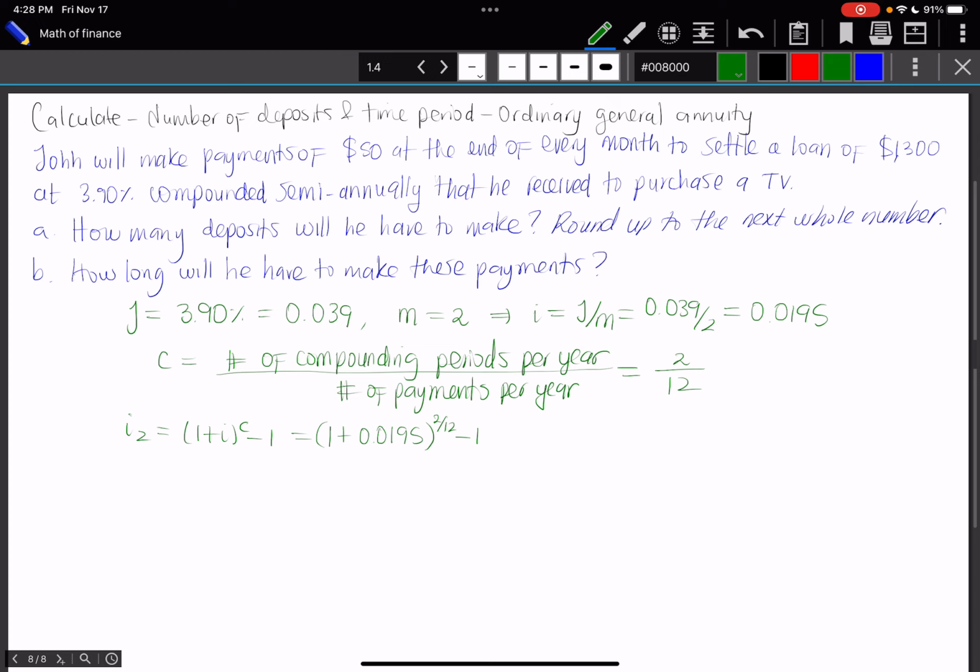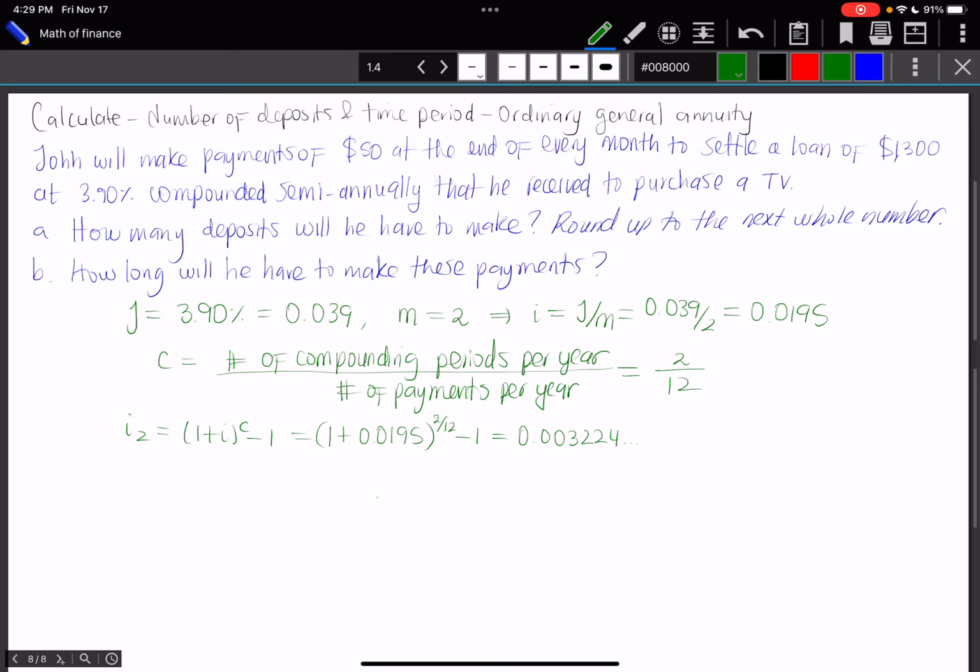If we want to compute this using a calculator, type in 1 plus 0.0195, power, then brackets 2 divided by 12, close brackets, and then take away 1. That number is approximately equal to 0.003224, and we have some other digits afterwards.